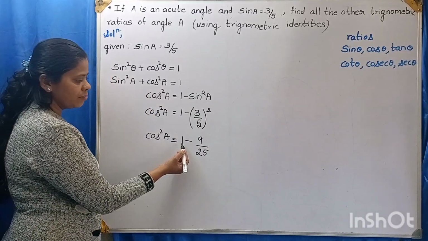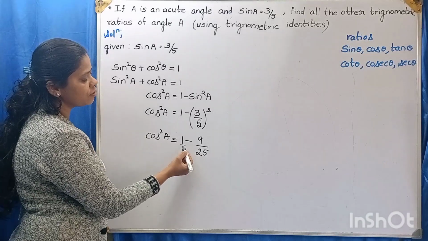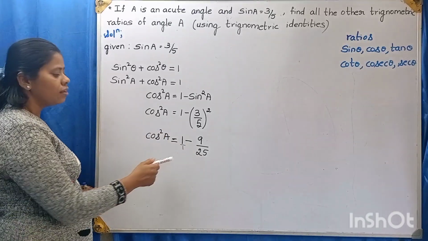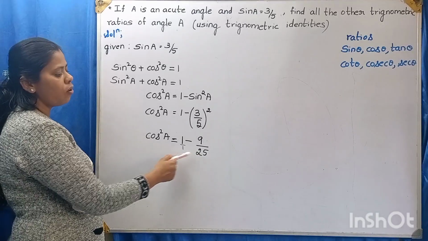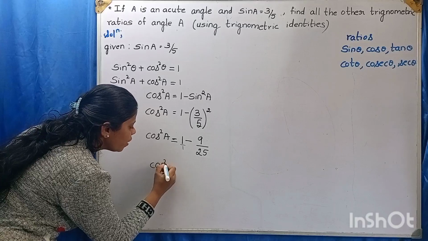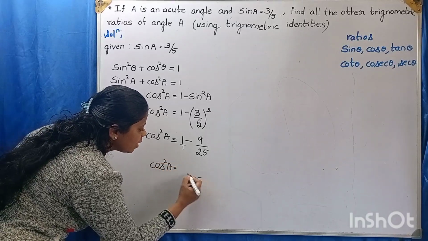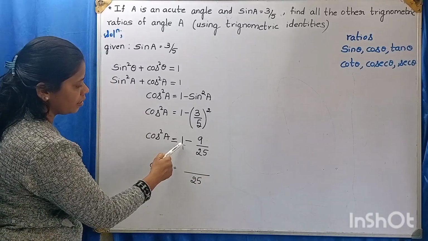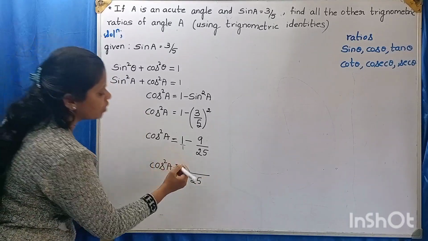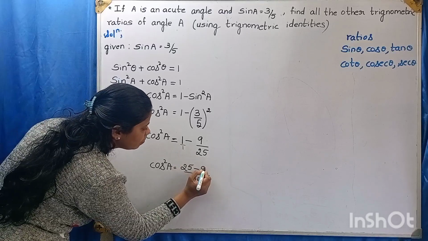Now, look at this. Here we have a numerator, and nothing in the denominator means we will take it as 1. Now, take the LCM of 1 and 25. That is cos square A is equal to, 25 is the LCM, then 1 into 25, that is 25 minus 9.